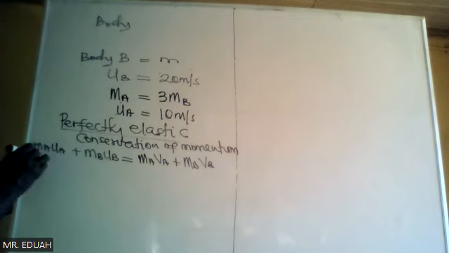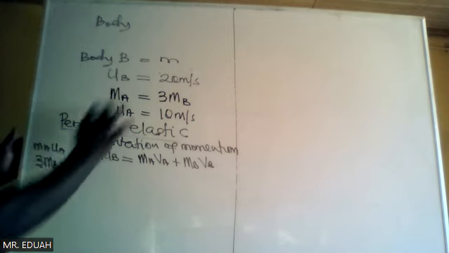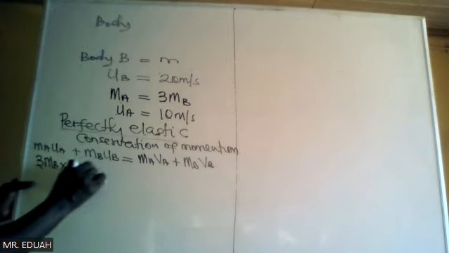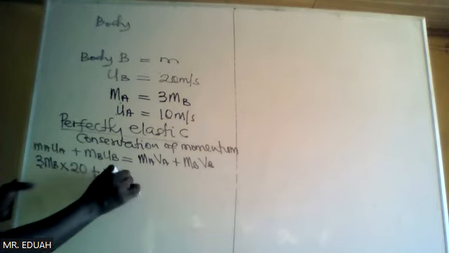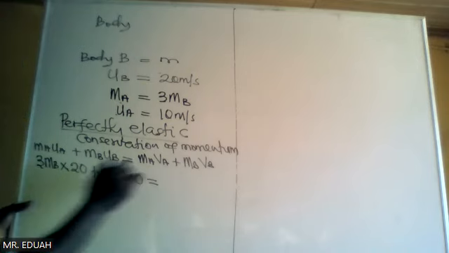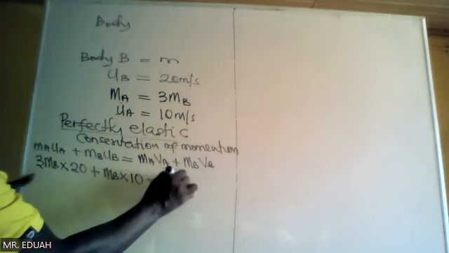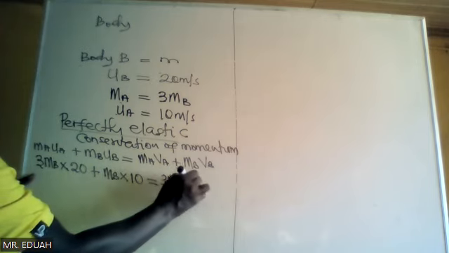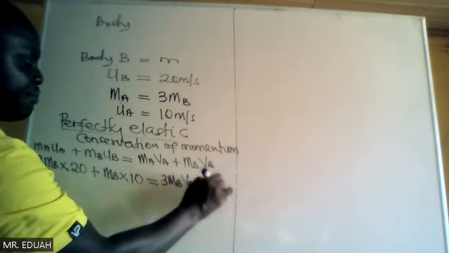So I have 3 mb times initial velocity 20 plus mb times its initial velocity, which is 10, is equal to 3 mb times VA, which I don't know, plus mb times VB, which we are looking for.